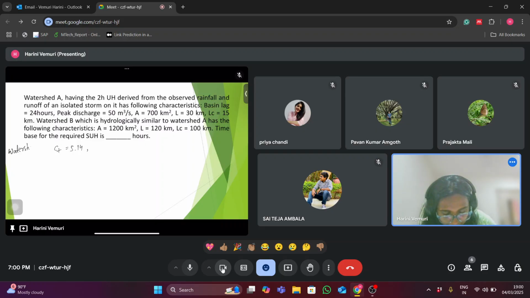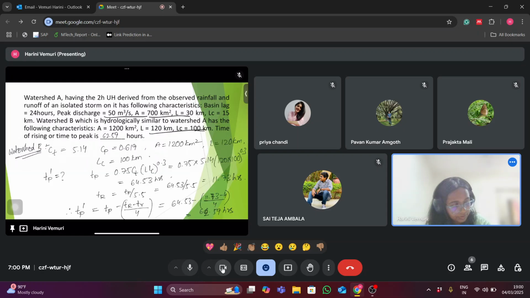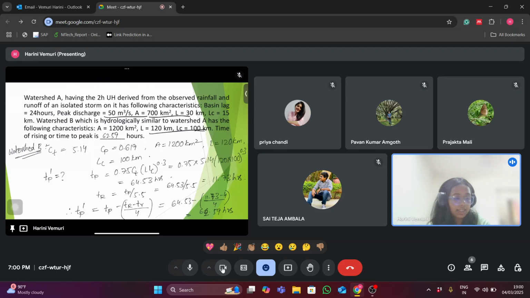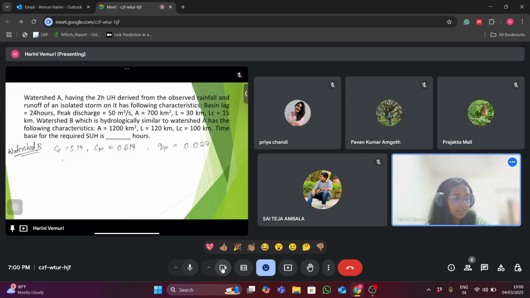for watershed B, as we have solved in previous problems, and CP is 0.619. And also you remember that peak flow is calculated as... This is the value. Peak flow per unit area is 0.027 cubic meters per second per kilometer square. Okay.